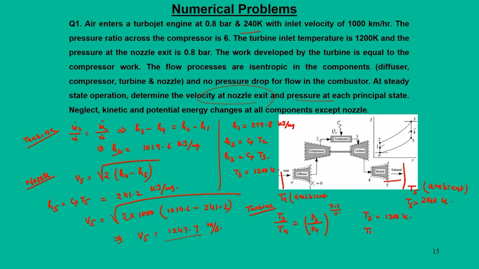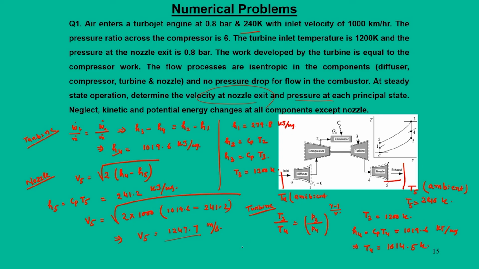For T4, we have H4, which is equal to Cp times T4, that is 1019.6 kilojoule per kg. So T4 we can find out as 1014.5 Kelvin.